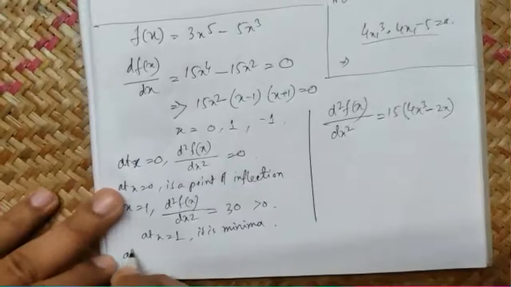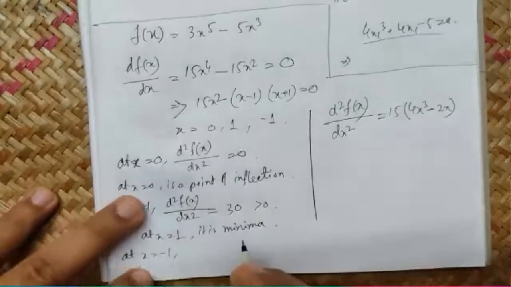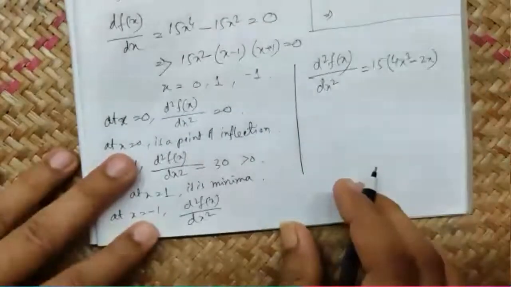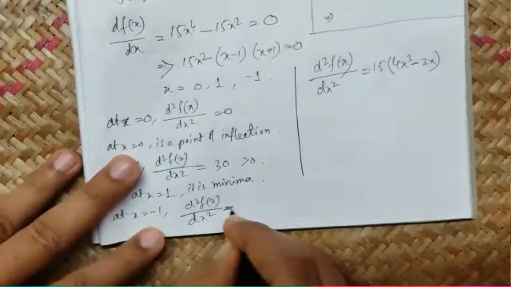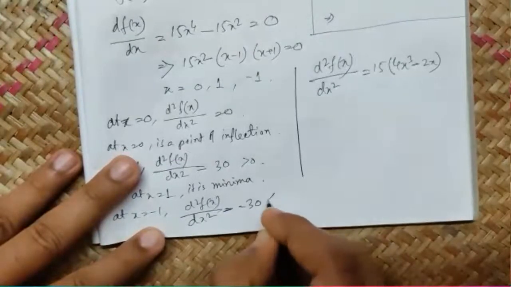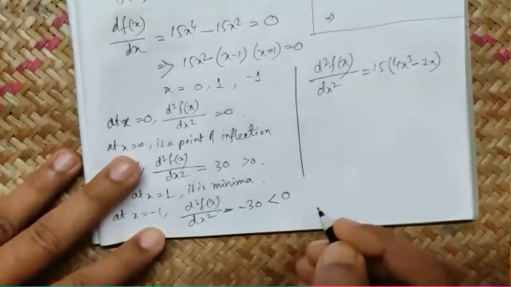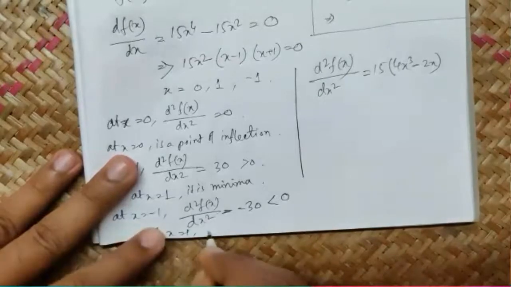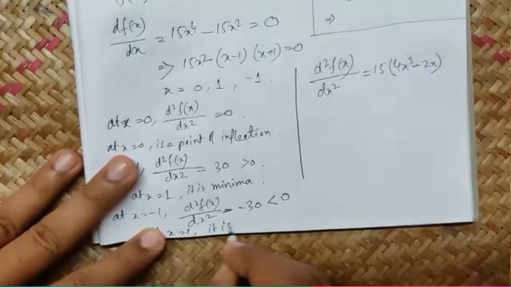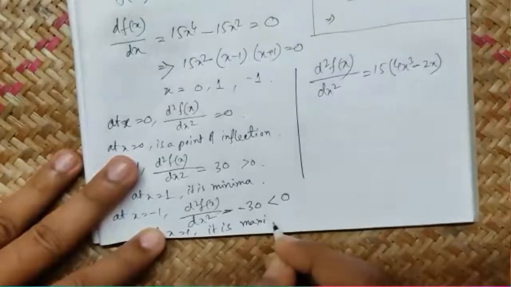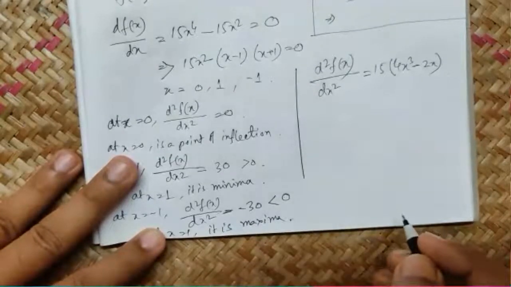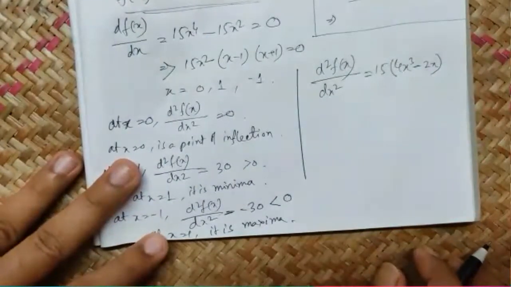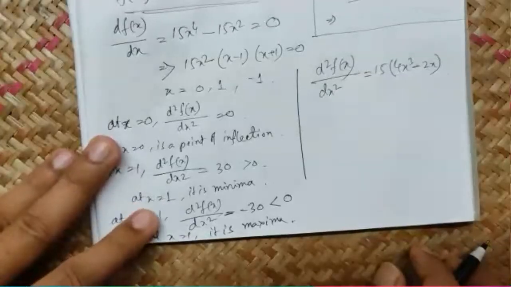And at x equal to minus 1, the double derivative is equal to minus 30, which is less than 0, so that means at x equal to minus 1, it is a maxima. Now if you put x equal to minus 1 in this function, you will get the maximum of f(x). If you put x equal to 1, you will get the minimum.